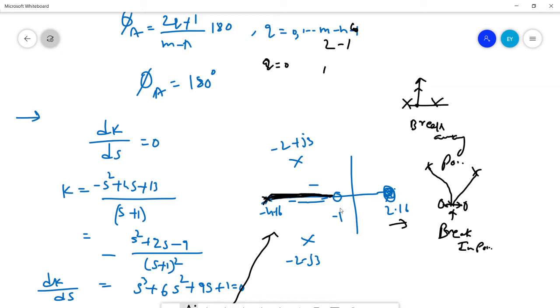Then the next thing is the breakaway point and break-in point.